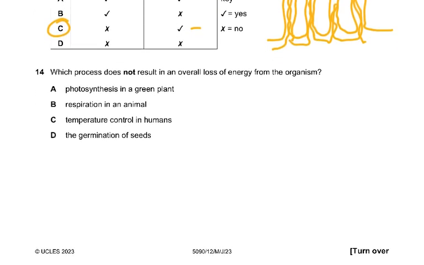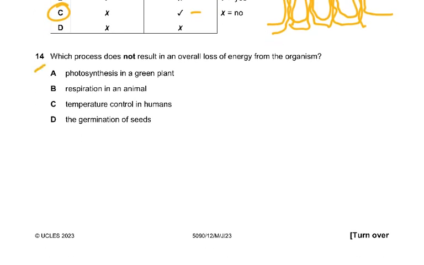Then coming to question number 14, which process does not result in an overall loss of energy from the organism? Photosynthesis in a green plant, respiration in an animal, temperature control in humans, the germination of seeds. You have to find out which are energy-requiring processes.